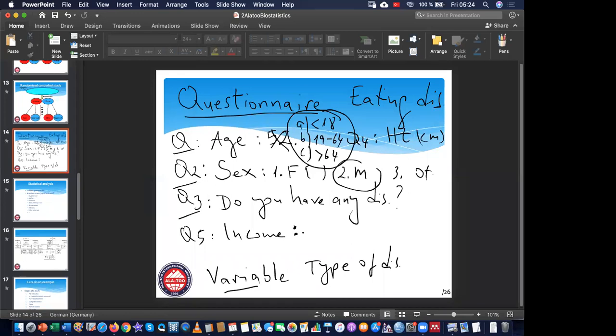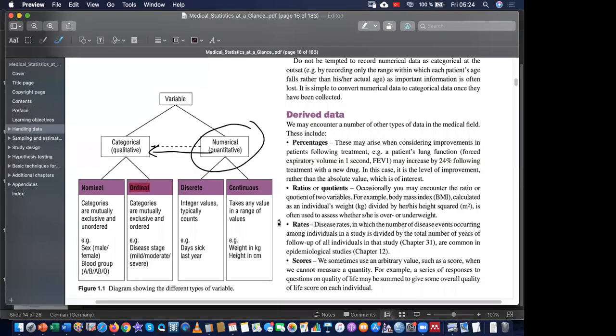Between 20,000 and 90,000. Very good. Depending on your categories, with two categories it is nominal; with more than two categories, it becomes ordinal data.